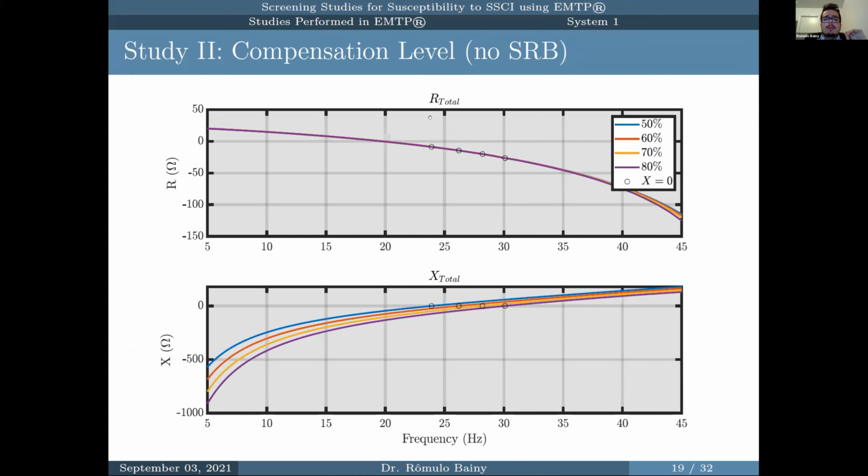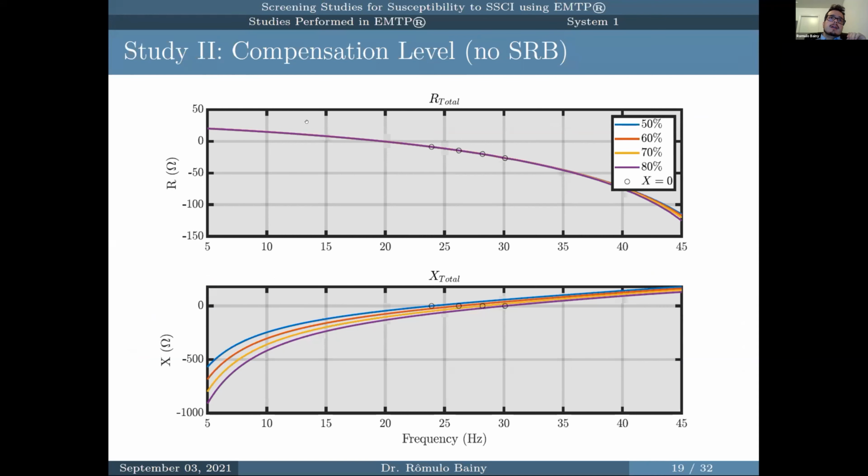So again, in the top part we have the R total, and in the bottom part we have the X total. You can see that the curve is different from the last one. We lose that shunt resonance point.